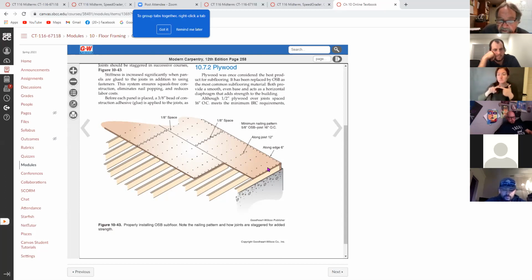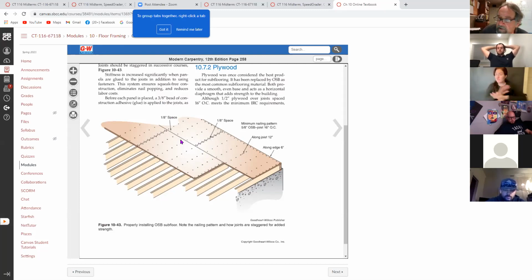Those are 4x8 sheets, and they go on long ways across the joist, not long ways this way. That connects more joists together, so in an earthquake, it's stronger than if you did it the other way. So you connect them 8 foot by 8 foot together, and then you stagger them. You start with a 4 foot and then go 8 foot so that they're staggered.